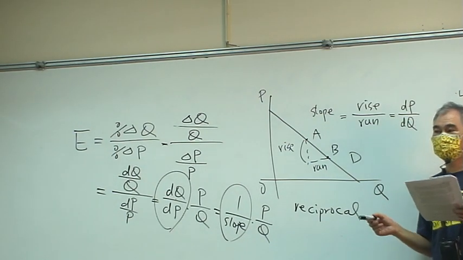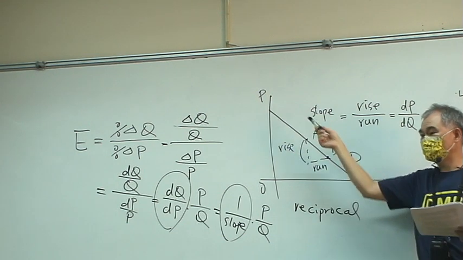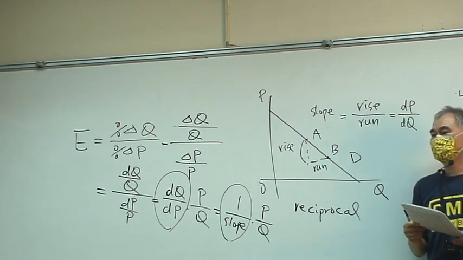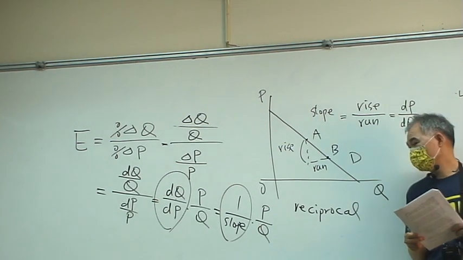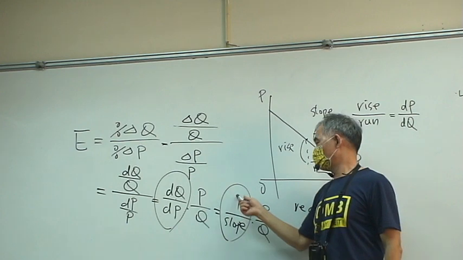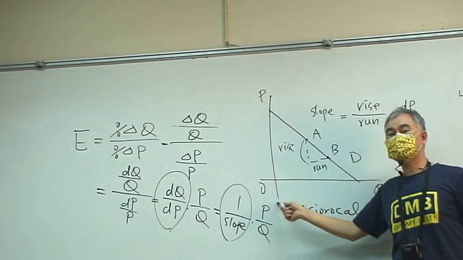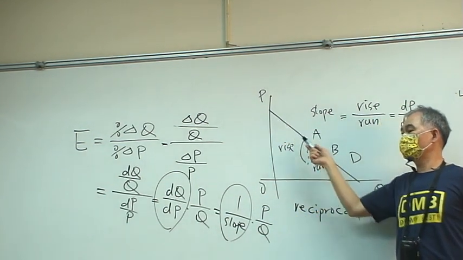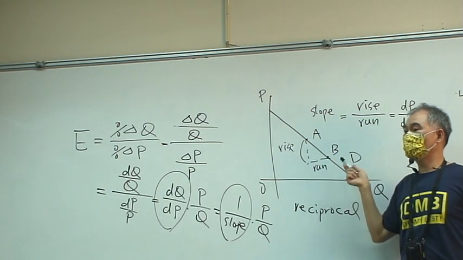Every point has the same slope over this demand curve, right? What about elasticity? Is it the same or different? Different. Why? Because 1 over slope is the same for all the points, but each point has a different price and different quantity. So even though it is a straight line, the elasticity is different all along the line.